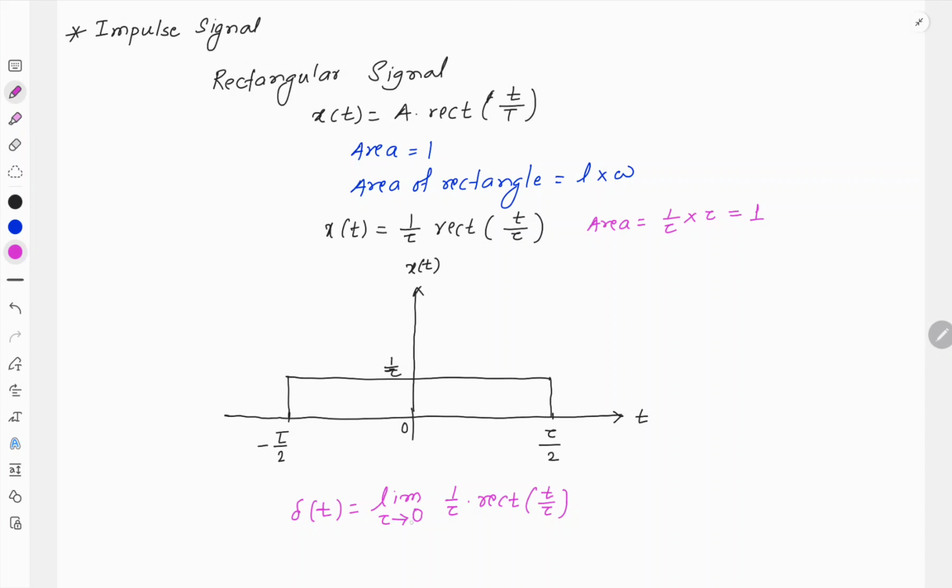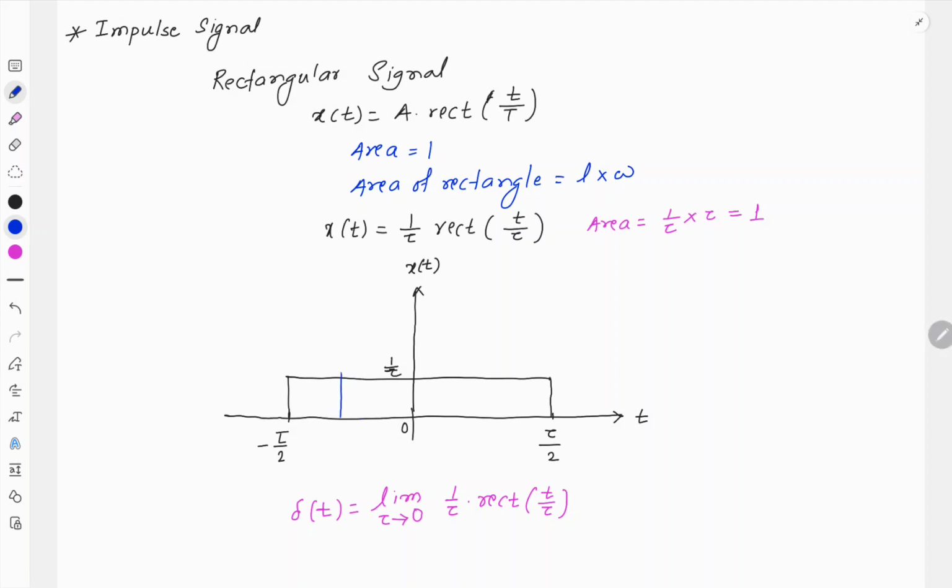So if we decrease the width of rectangle in such a way that its width becomes 0 and height increases accordingly, that signal will result into the impulse function. So if we try to draw such signal, let's say I will decrease the width of this rectangle, which is tau. So this minus tau/2 and plus tau/2 will shift towards the origin, and as it shifts towards the origin, the height of signal is going to increase so as to keep area constant equal to 1.